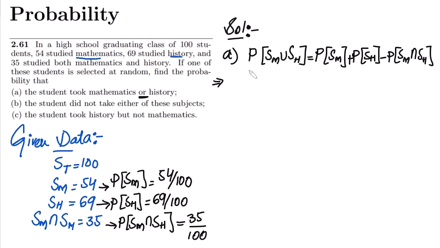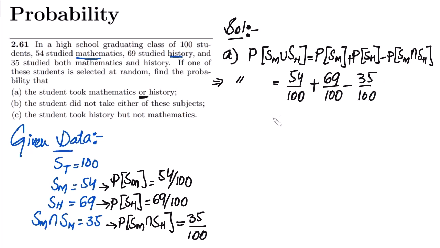Let me put it here, and what I will get is the probability of SM, that is 54 divided by 100. Similarly, the probability of SH is 69 divided by 100, and now minus the probability of SM and SH, that is 35 divided by 100.